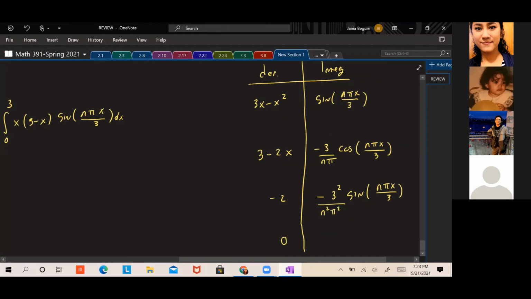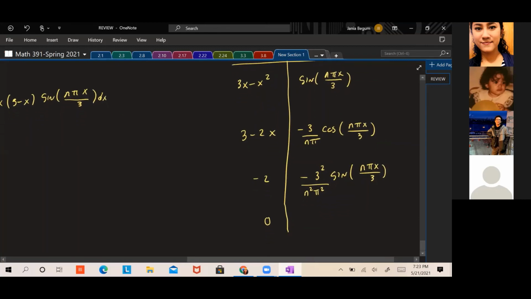The last one is 3 cubed times cosine, everything inside, over n cubed pi cubed. Thank you, looks great. Now I multiply this with that and put a plus sign, multiply this with that with a minus sign, and the last one.